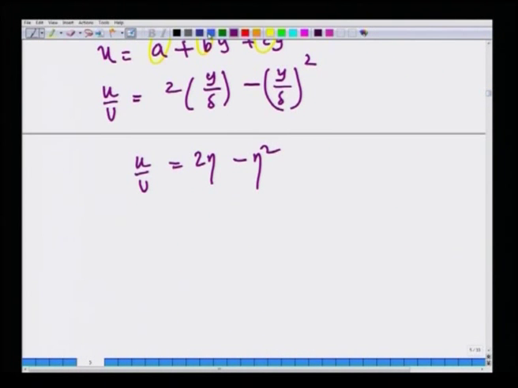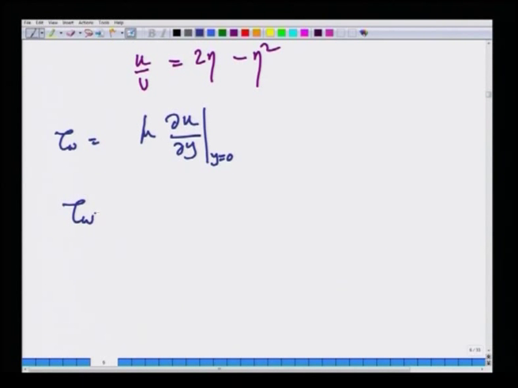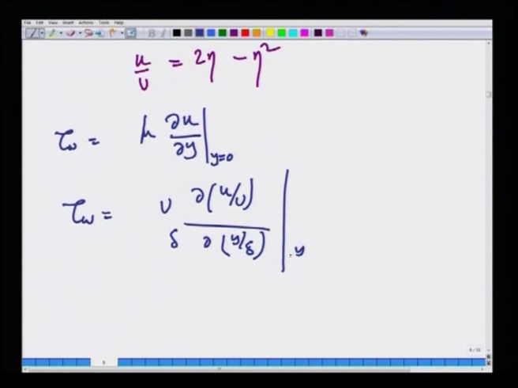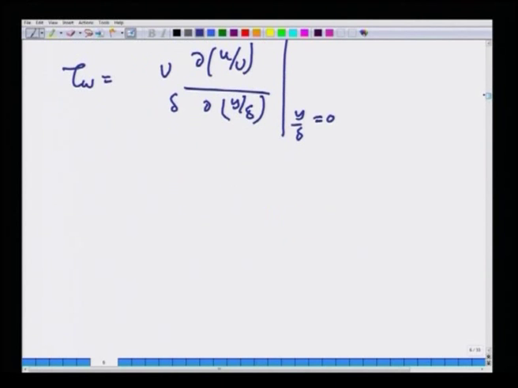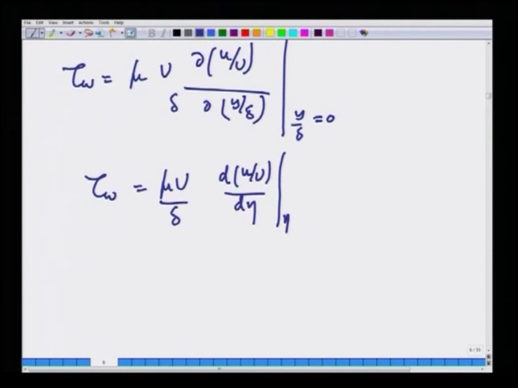Now, tau w is nothing but mu times partial u by partial y evaluated at y equals 0. Since we have everything in terms of eta, we write it in terms of y by delta times delta, evaluated at y by delta equal to 0. This is nothing but tau w is mu U by delta times d of u by U divided by d eta evaluated at eta equal to 0.